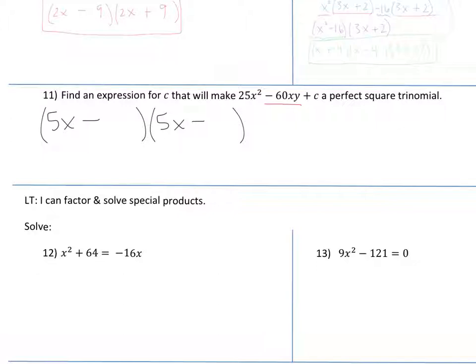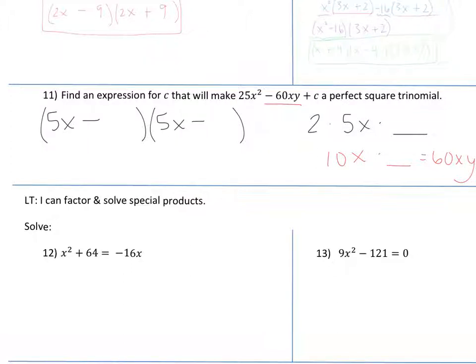And for a perfect square trinomial, remember that we take 2 times the square root of our first term, which is 5x, times the square root of our last term, which we don't know, to equal negative 60xy. So 2 times 5x is 10x, and we need that times something to equal 60xy.